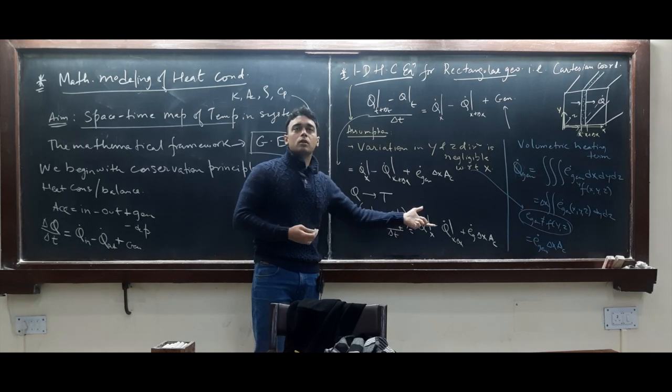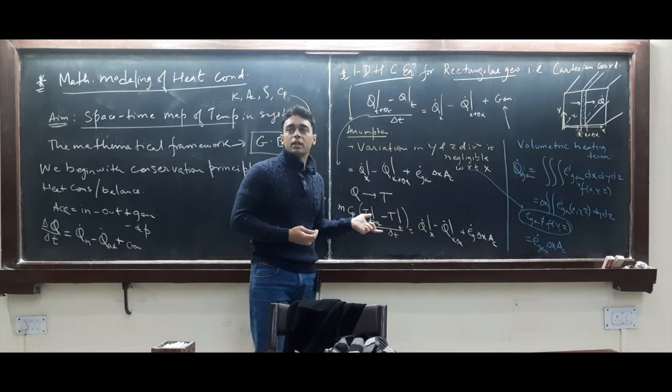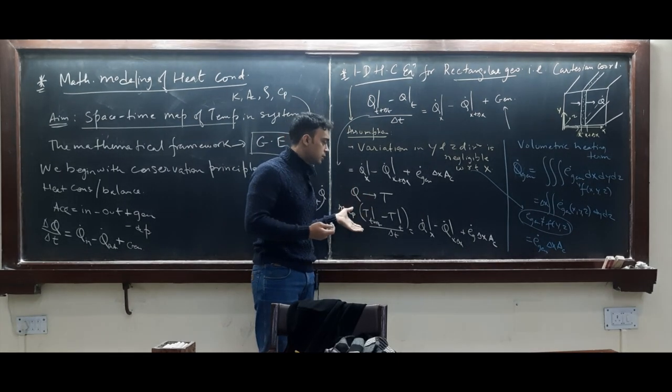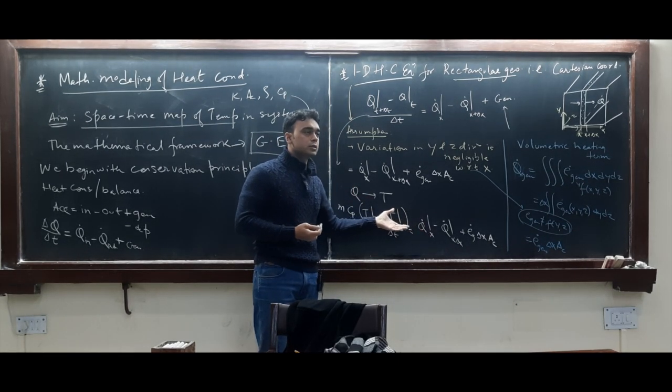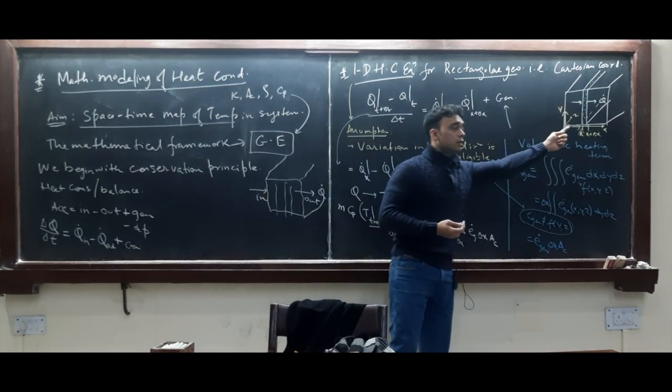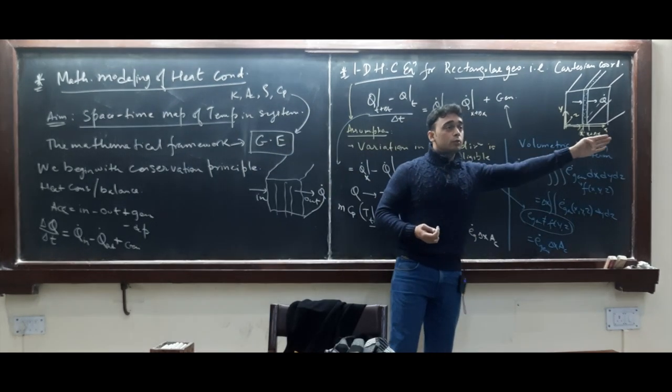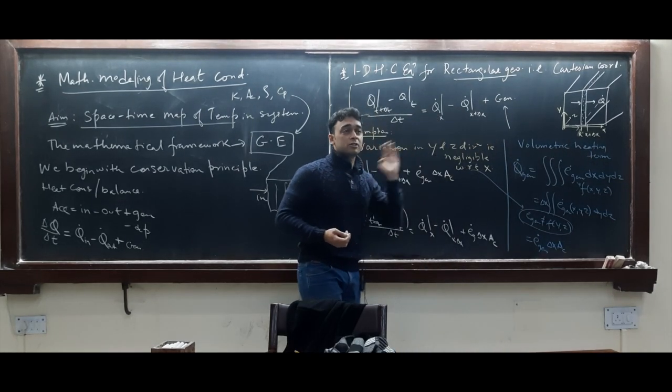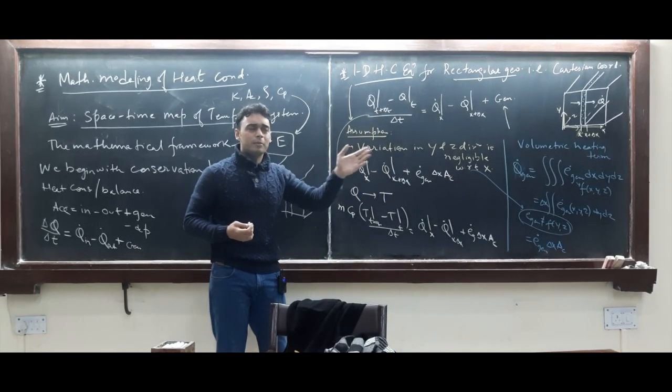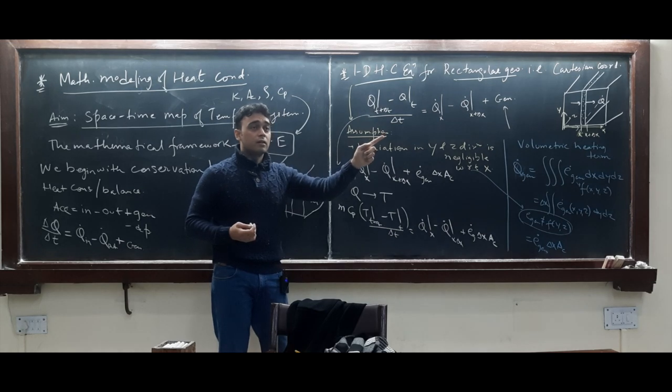So, what do governing equations usually look like? Differential equations. Does it, as of now, look like a differential equation? So, what do we need to do? We took a small element. Now, let's take it to the really infinitesimally small limit. So, which limit do we take it to?